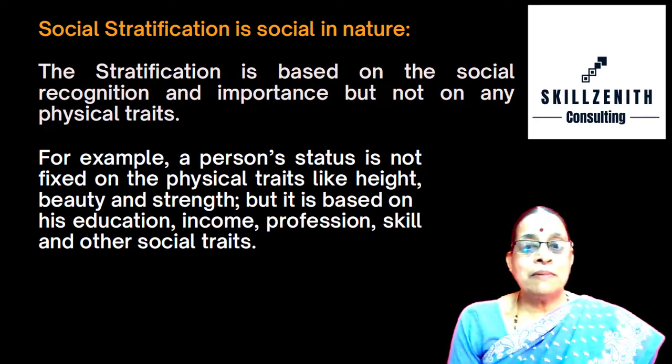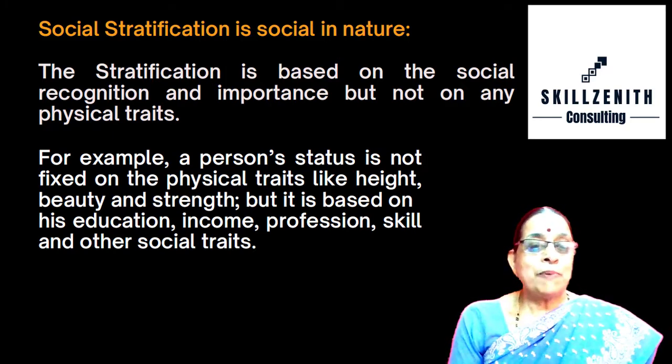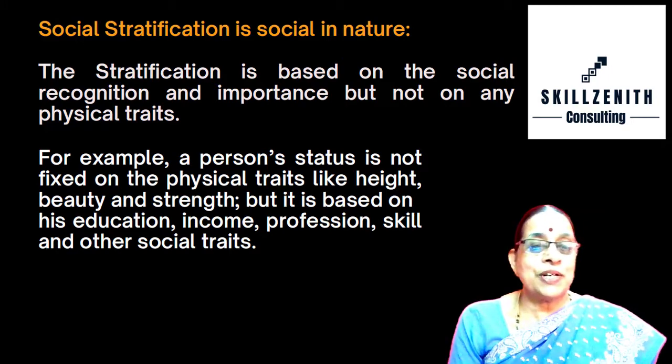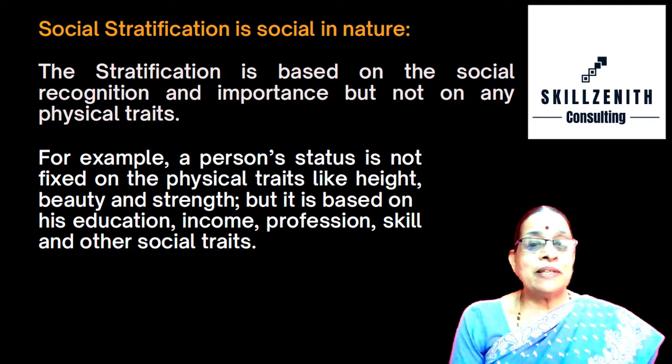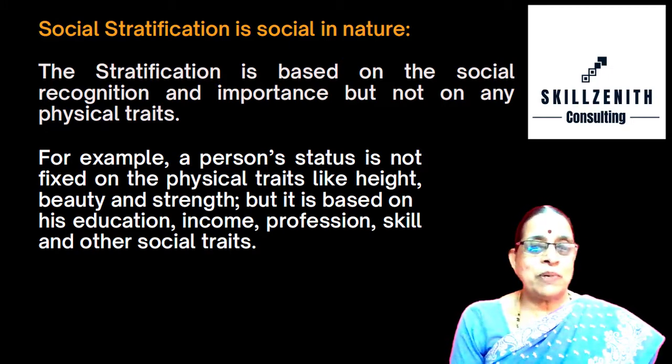People with a good height are not placed under the upper stratification. Beauty: if a person is very beautiful without any education or status, he is not considered in the society. And strength, whether a person is strong or weak, is not considered, but it is based on education, income, profession, skill and other social characteristics. Traits means characteristics or aspects. We are taking into consideration not the body aspects, but education, income, profession, skill and other social characteristics.